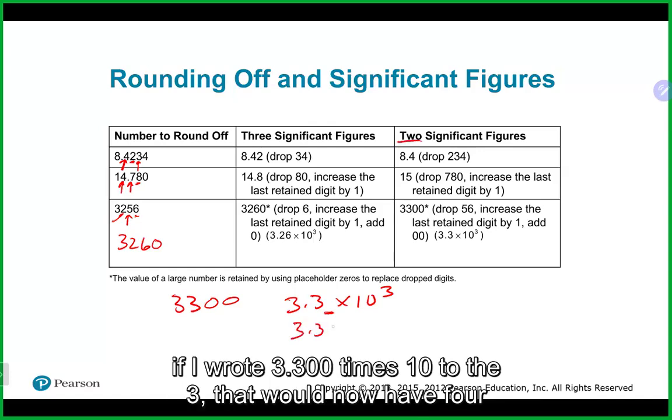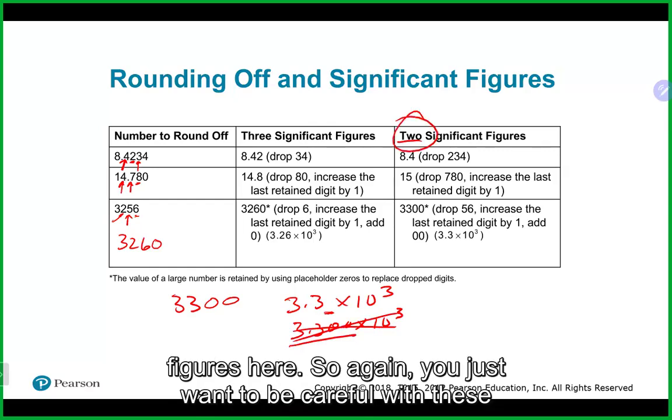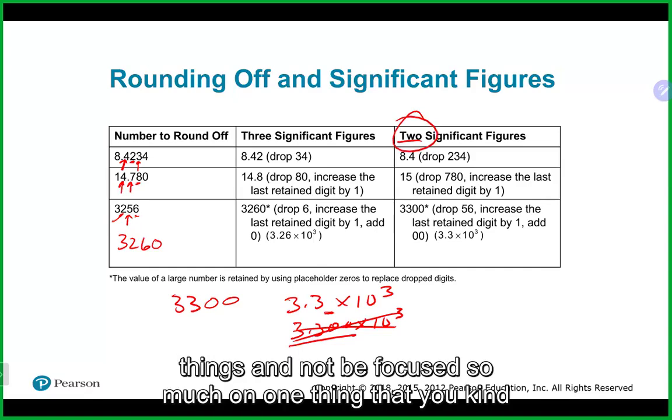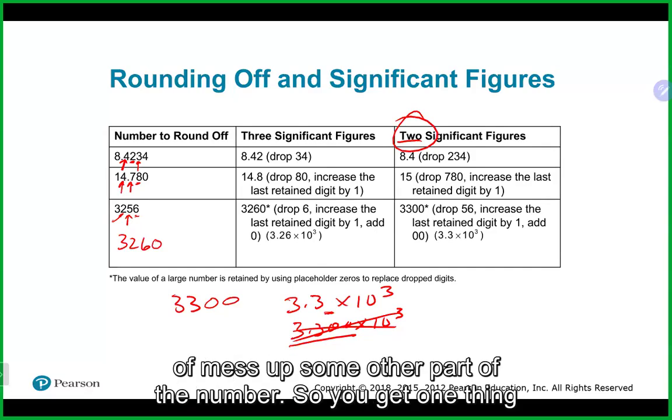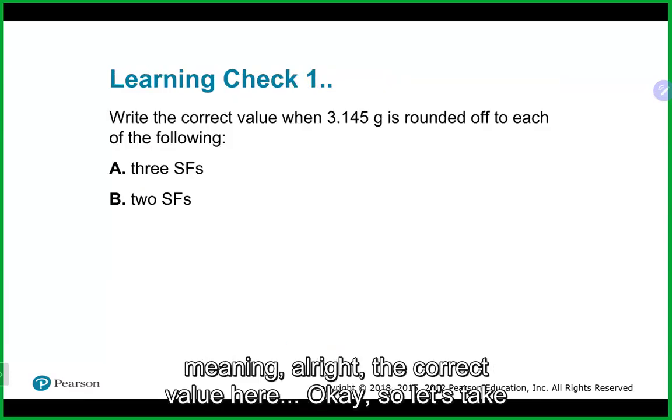So if I wrote 3.300 times 10 to the 3, that would now have 4 significant figures, too many for shooting for 2 significant figures here. So again, you just want to be careful of these things and not be focused so much on one thing that you mess up some other part of the number. So you get one thing right, but the other part of it's wrong in terms of the meaning.